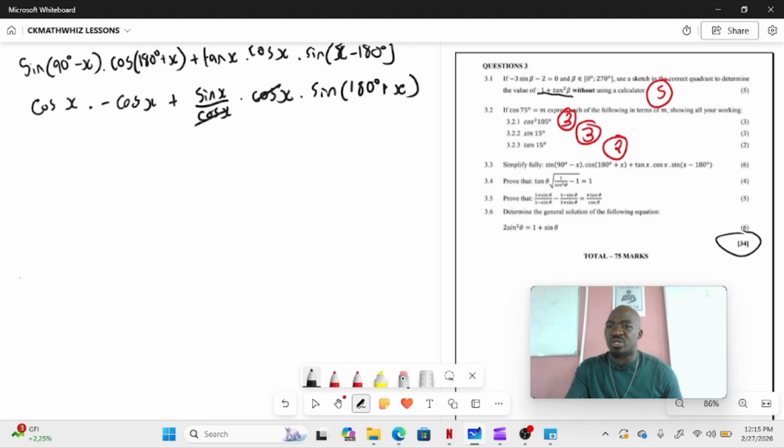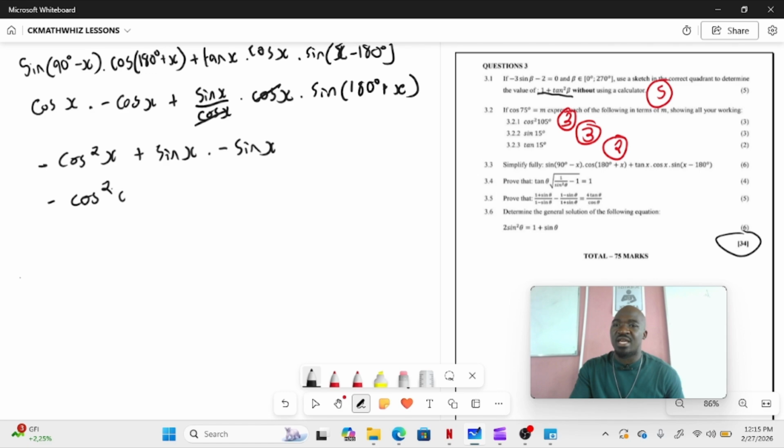Then these two will give us negative cos squared x plus sine 180 plus x. 180 plus x is in the third quadrant, and sine is supposed to be negative, right? So sine x times negative sine x. So meaning that we have negative cos squared x minus sine squared x.